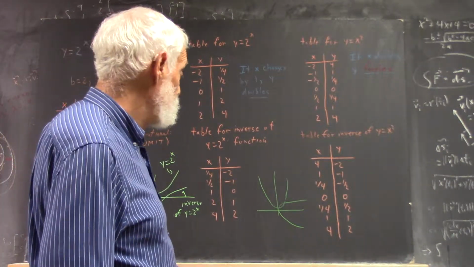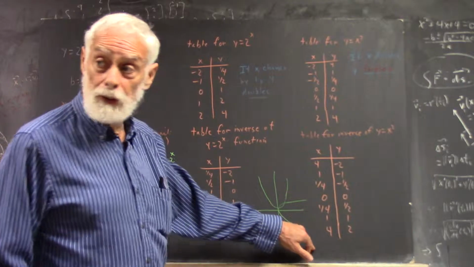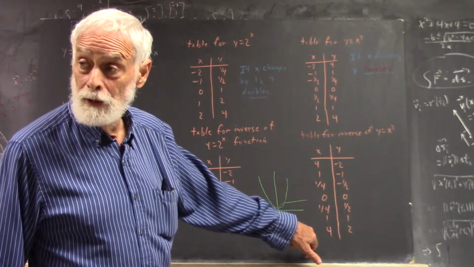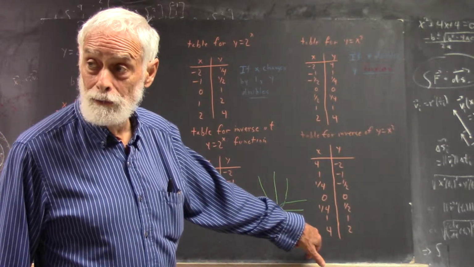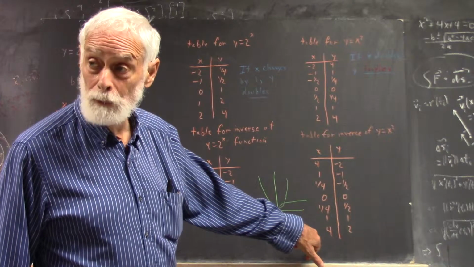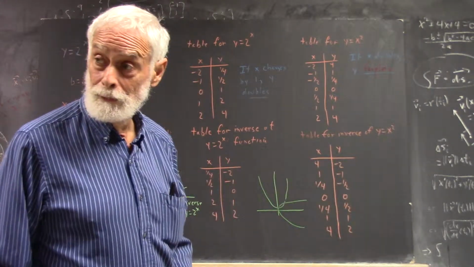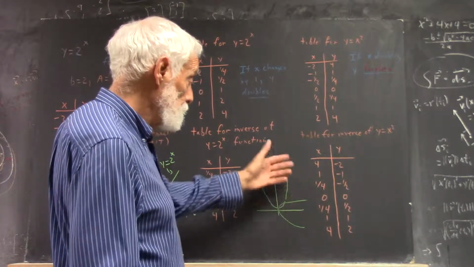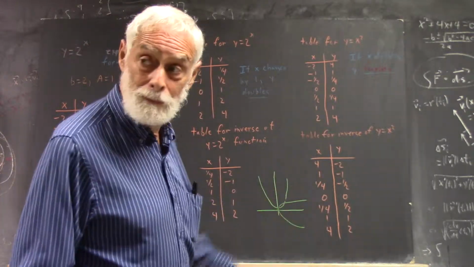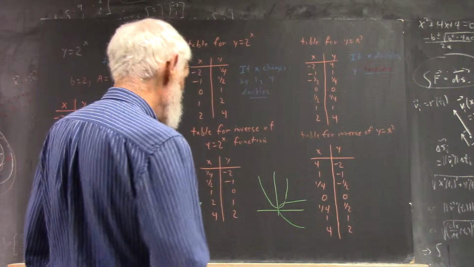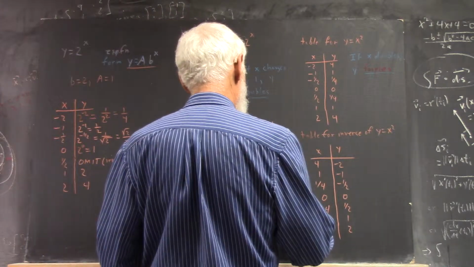Now, from the table you can see that there's not a unique answer to what is the value of y when x equals 4, right? There are 2 possible answers, just like there are 2 points on this graph. This one could have x equals 4. Your vertical line test fails.